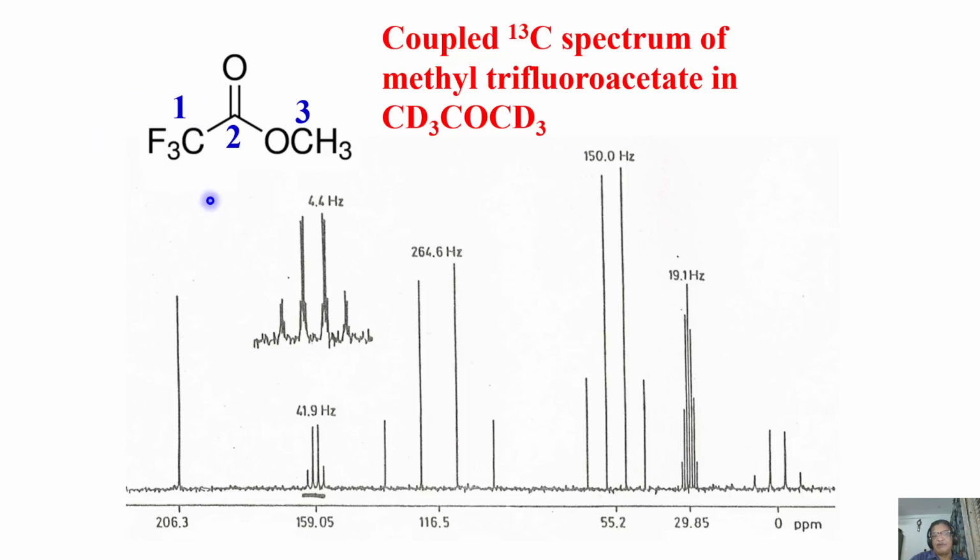In the previous example we saw this carbon coming around 110 to 120 ppm because it is attached to fluorine atoms. Three fluorine atoms are directly bonded to the carbon. As a consequence, the CF3 carbon comes very much downfield here. We also saw that the carbon-fluorine one-bond J coupling was sufficiently large.